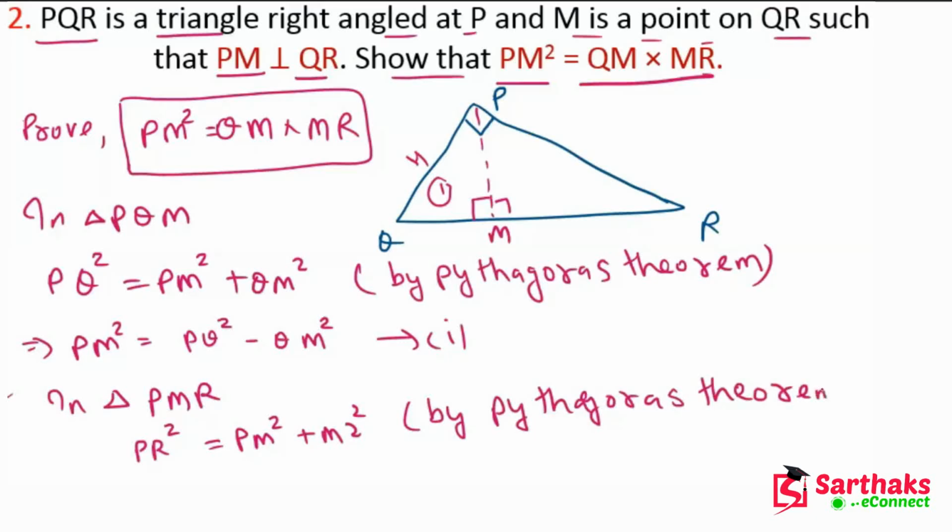Okay, so now we have to find the value of PM square, so we can write it as PM square is equal to PR square minus MR square. So this is our second equation.